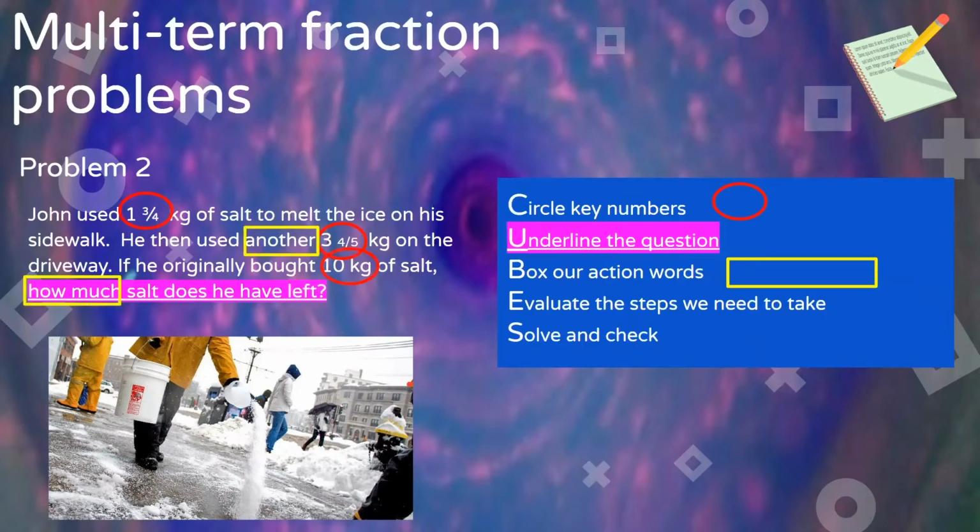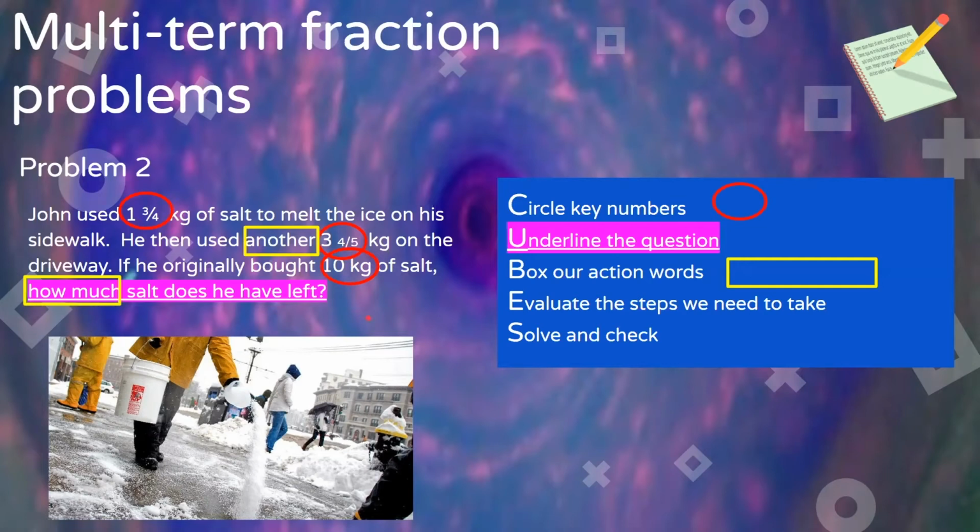So let's look. I've circled 1 3/4 kilograms of salt, 3 4/5 kilograms of salt. That's what we know that he's used. But he has 10 kilograms to start. So this whole problem has given us that much information, but yet it wants to know how much salt does he have left.